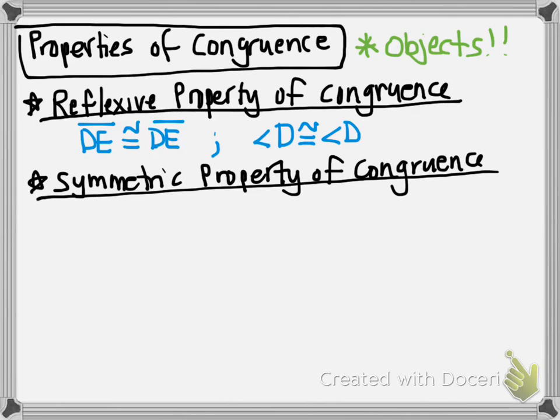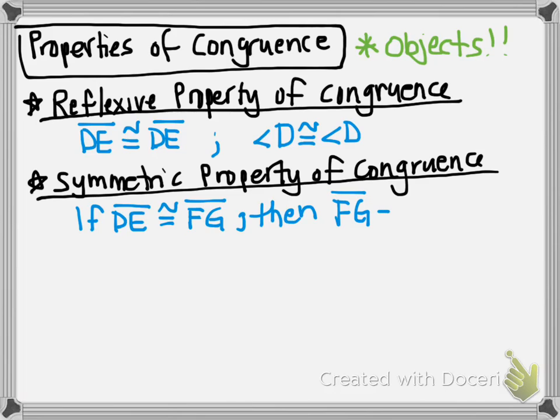So if we've got a segment that is congruent to another segment, then we can go the other direction and say the second segment is congruent to the first segment. Now this becomes important because if things aren't lined up orderly and we want to do an operation, let's say with objects, I know this is going to sound weird, we need to make sure that the math that we're doing on the left is all the things are lined up underneath it.